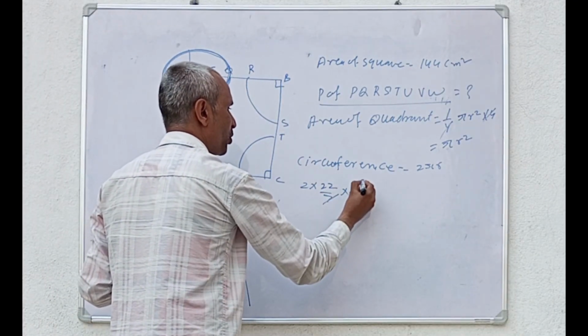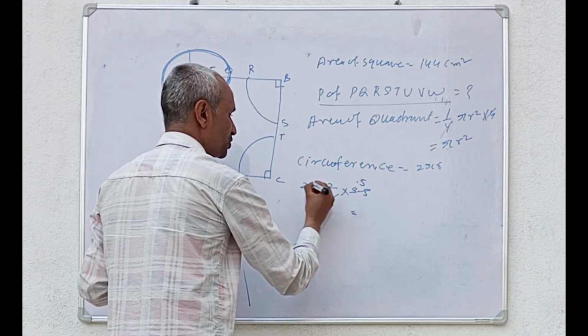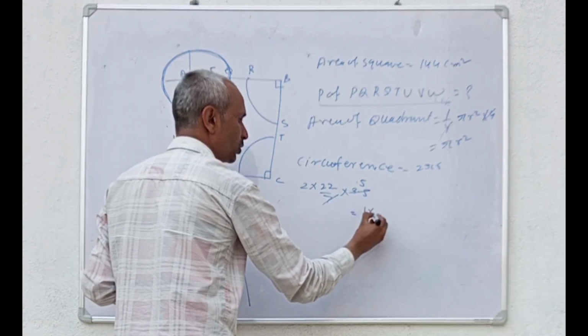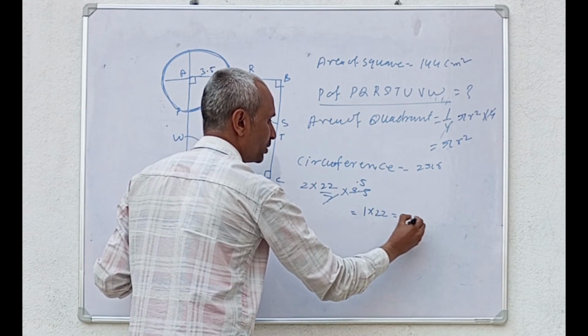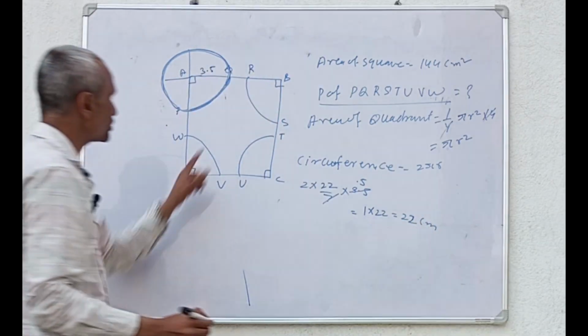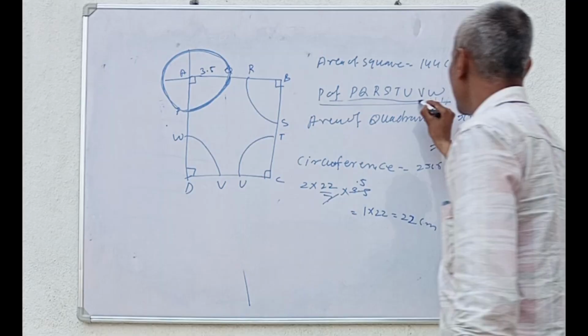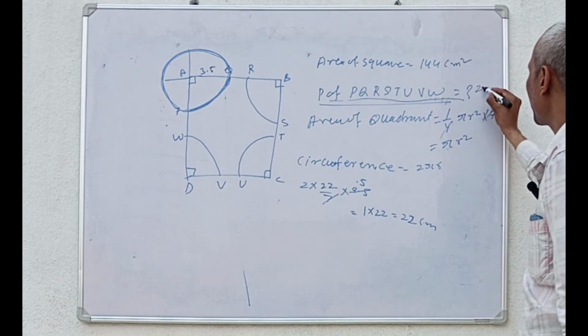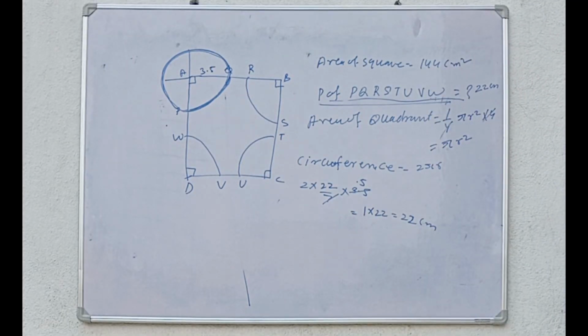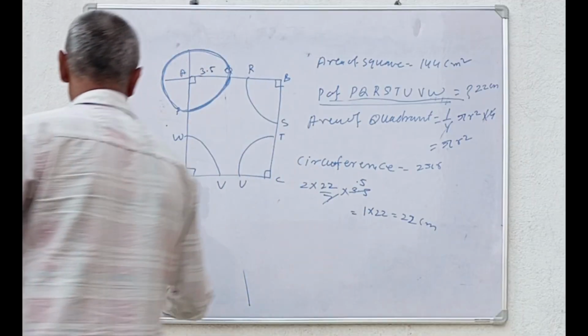This one is cancelled by 0.5. What becomes? 2 5s are 10, means 1 into 22 is equal to 22 centimeter. The circumference of the total, the perimeter of PQRSTUVW, is equal to 22 centimeter. That much only is asked.